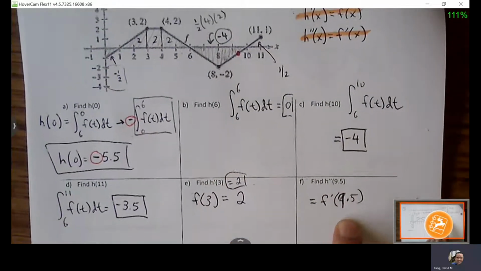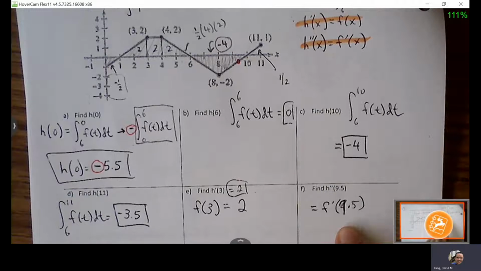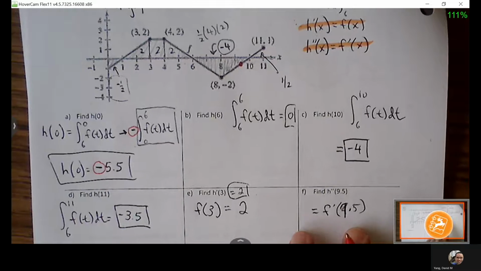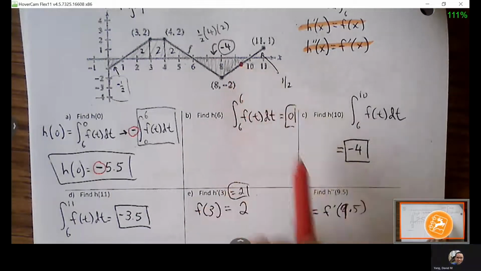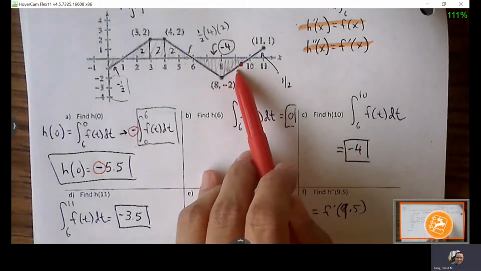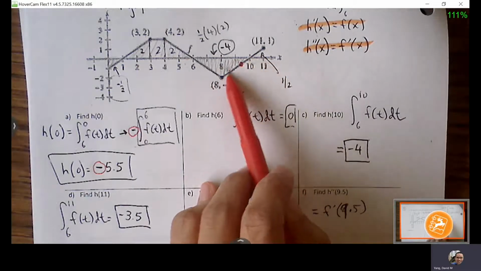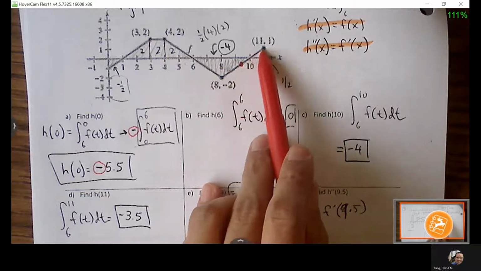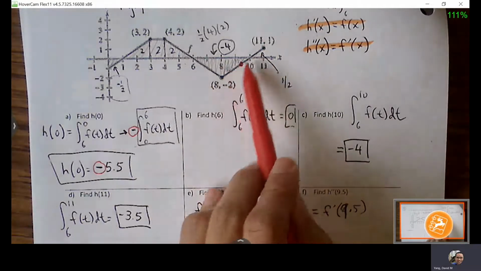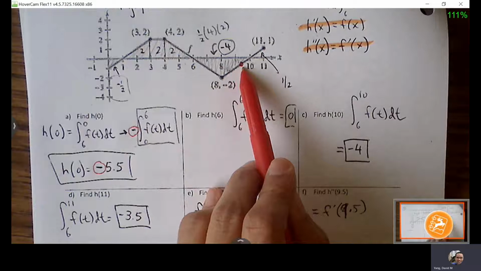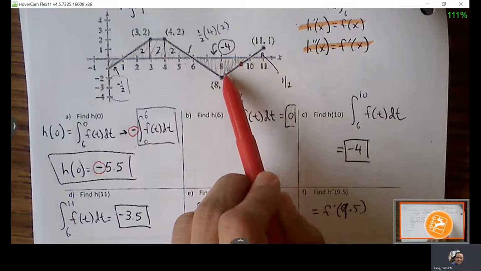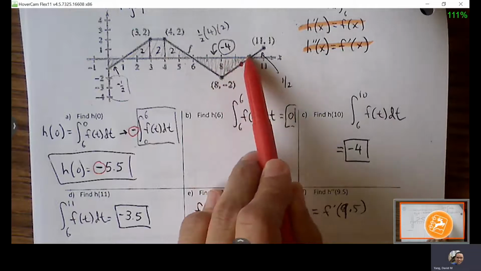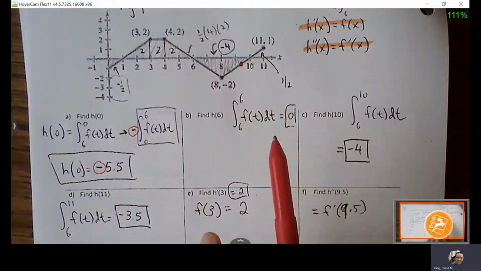It's asking for the what? Okay, what's another word for derivative? Slope. Right, it's asking for the slope at that point. It's okay if it's a decimal value because we know that anything on this line has the same slope. So if I can find the slope of this line, I know the slope at that point. So I just pick any 2 points that I want and do rise over run. Up 2 over 2. That's a slope of 1, right?